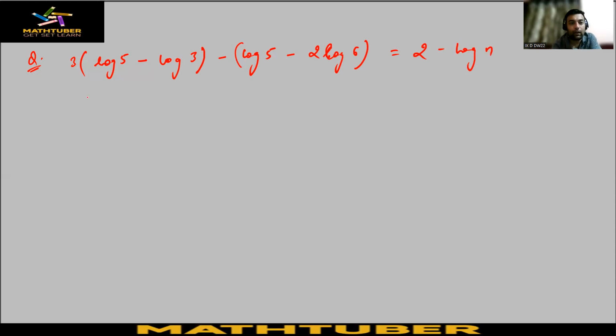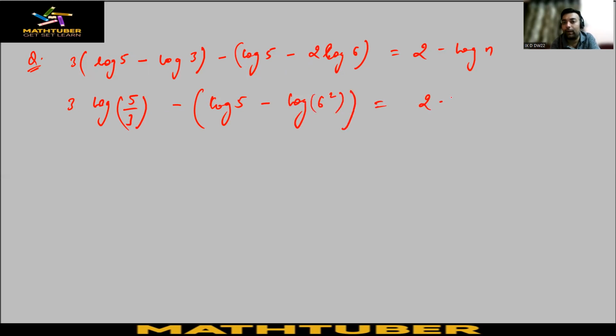So what we have to do here is, this can be written as log of 5 upon 3, minus log of 5, minus log of 6 square, is equal to 2 minus log n.